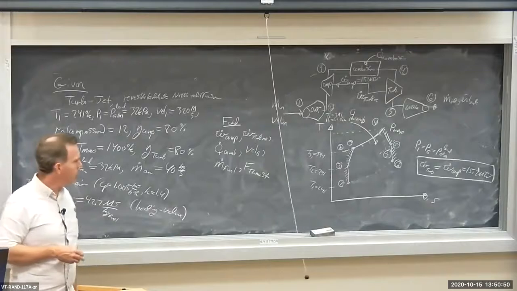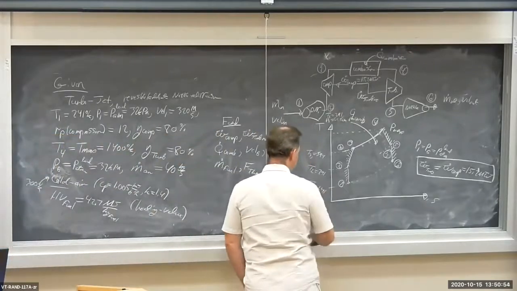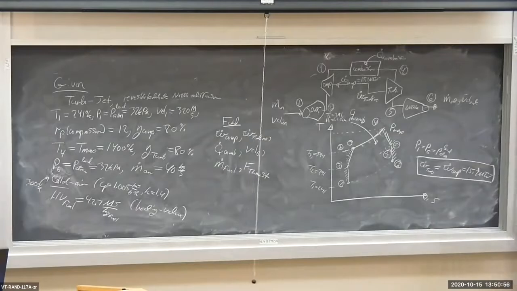Let's calculate Q dot for the combustor. How much heat has to be added in the combustor, okay? Well, let's see here.